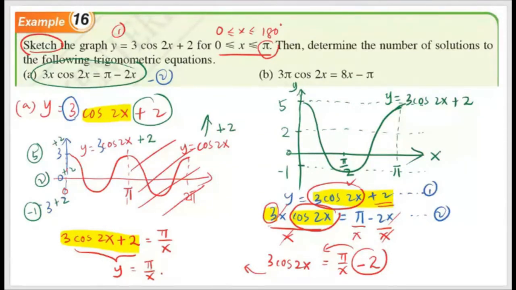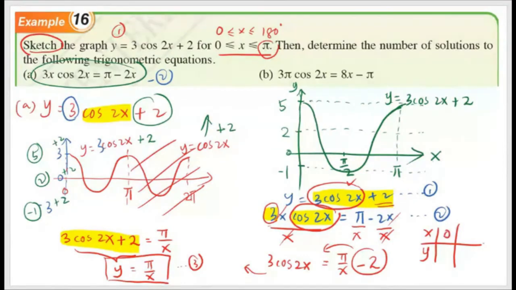So this is the equation you need to draw out. You need to sketch it on the same graph. This is the equation. So how are we going to do this? I will choose 2 points, x, y. If x is 0, what is y? Pi over 0. Can or not?